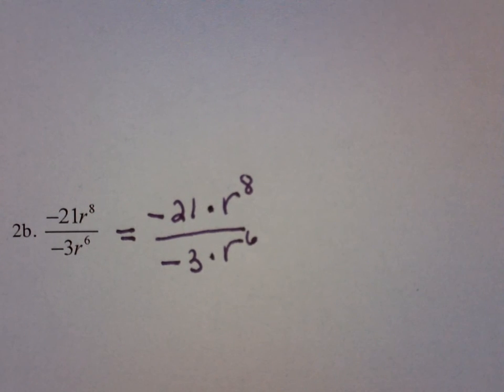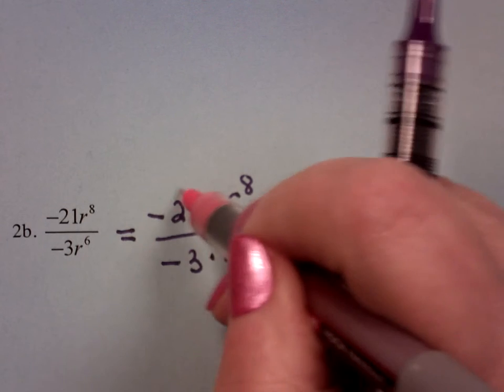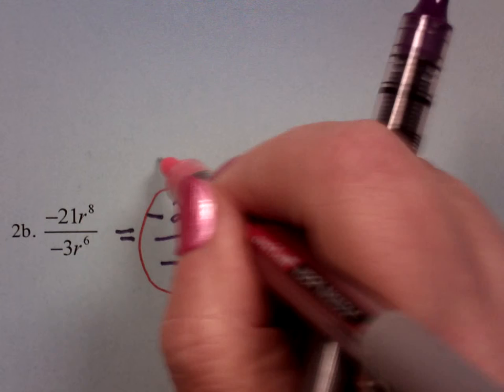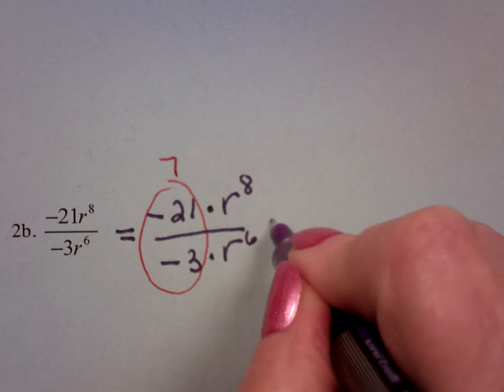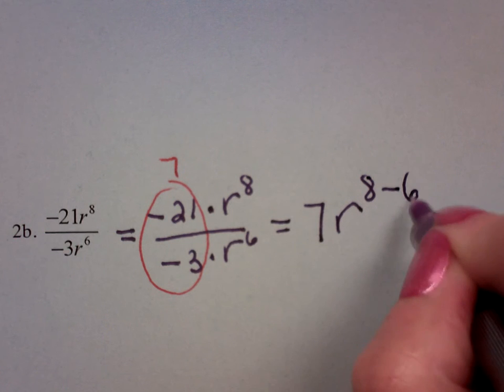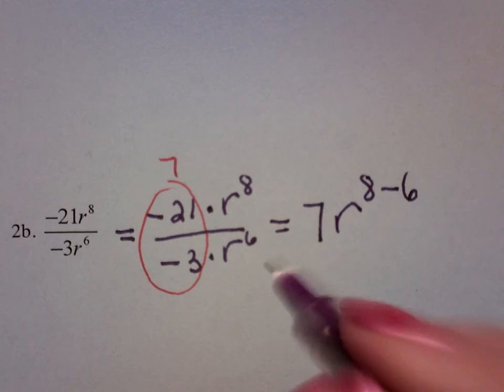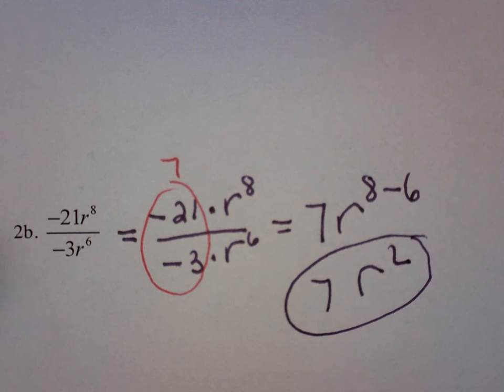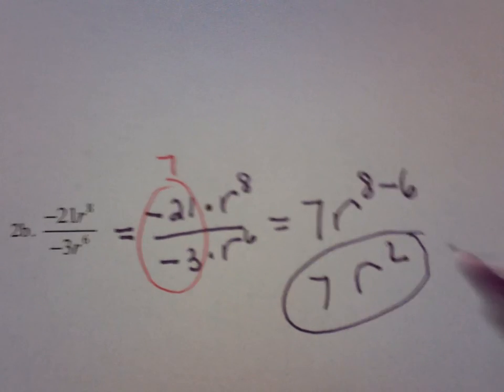Now, negative 3 divides negative 21. What does that become? 7, yeah. So this becomes 7 r to the 8 subtract 6, right? Or 7 r squared.